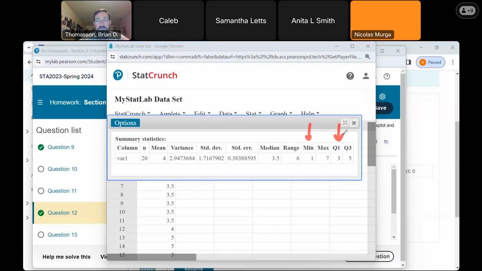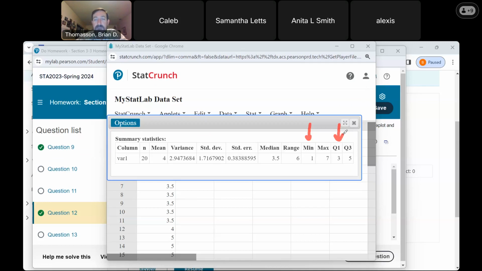All right, so for our 5-number summary, we have our minimum, we have our Q1. What about Q2? I don't see Q2. Any ideas what we can do for Q2? What's another name for Q2? P50 is another name. What's a third name for it?